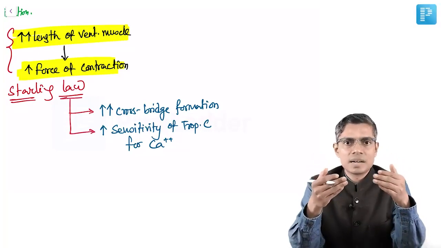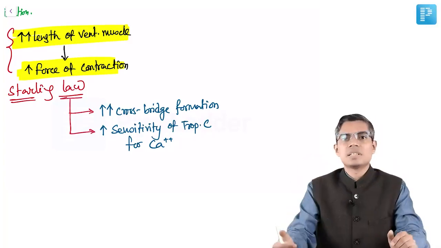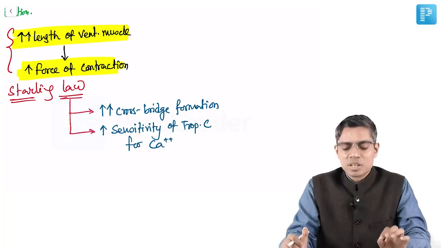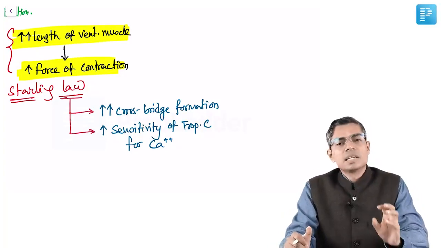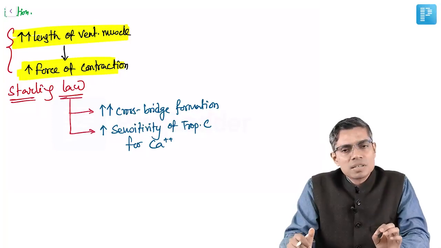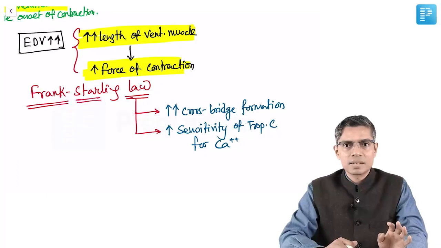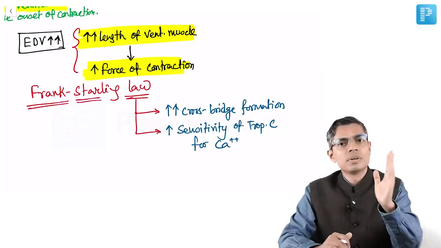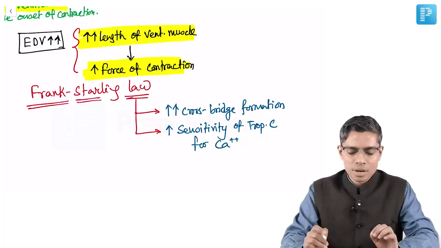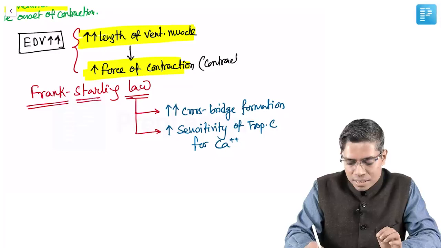What does that mean? That means a stronger contraction is going to happen. What is the reason of this increased sensitivity? It is not known. But remember that the second explanation of this Frank-Starling law is increased sensitivity of troponin C for calcium. So this is about your Frank-Starling law, and we have just seen that the more the end diastolic volume, the more will be the force of contraction, and force of contraction is nothing but contractility of the heart.